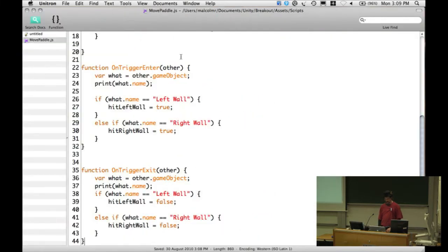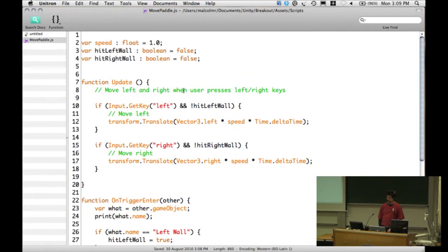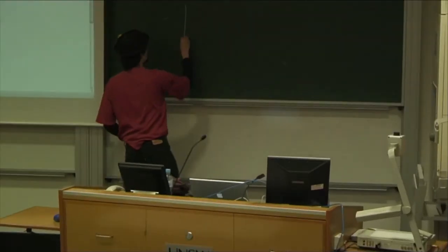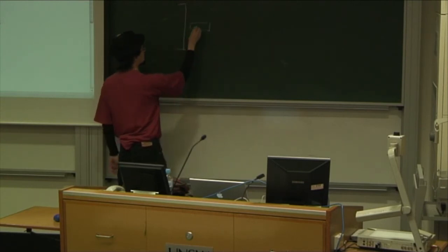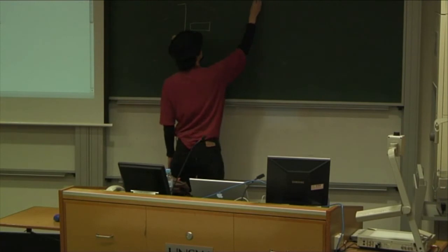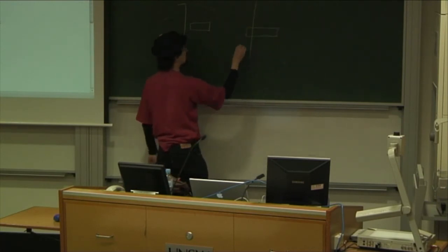The reason that's happening is because in a single frame, let me draw it on the board. If this is the wall, and the paddle is initially there, then one frame later it might move that far, right?